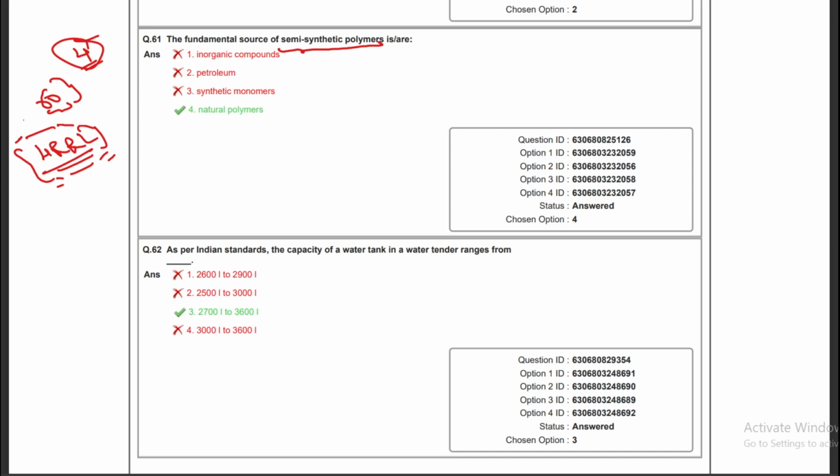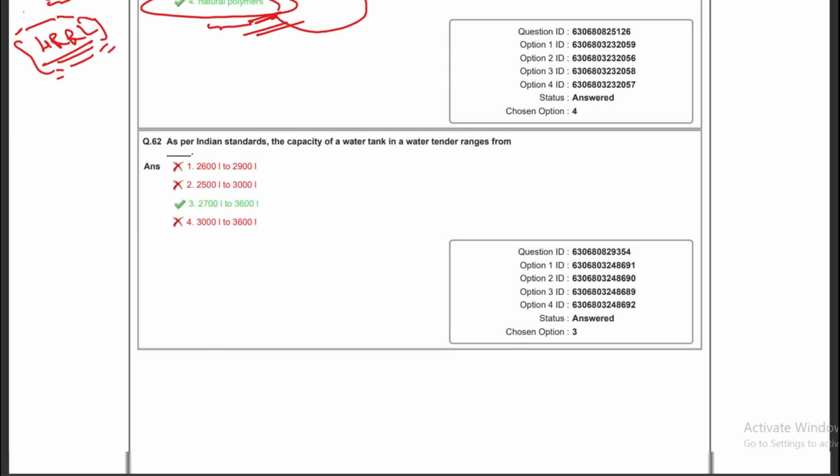The fundamental source for semi-synthetic polymers is natural polymers, because after chemical modification of natural polymers we can generate semi-synthetic polymers. So only one option is correct, that is the fourth.